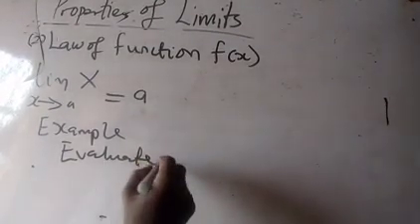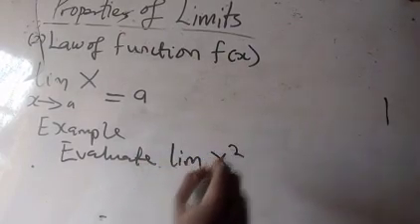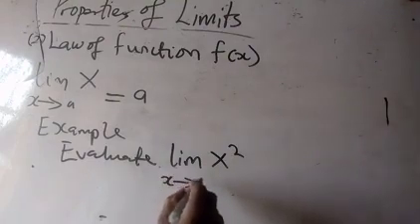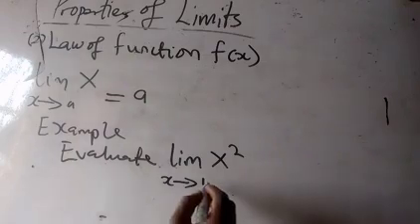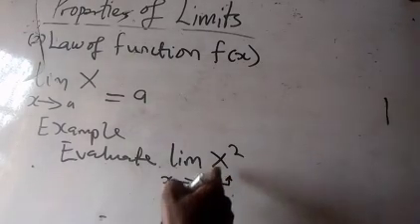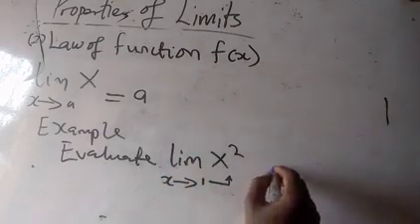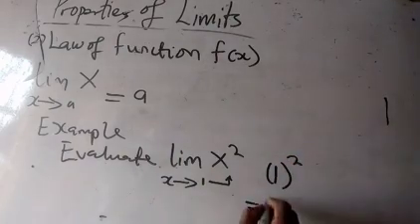Or let's say, evaluate the limit of x raised to power 2 as x gets close to 1. So what's going to be the solution? The solution is that 1 is substituted into the x. So what do we have? We have 1 raised to power 2, and 1 raised to power 2 is 1.